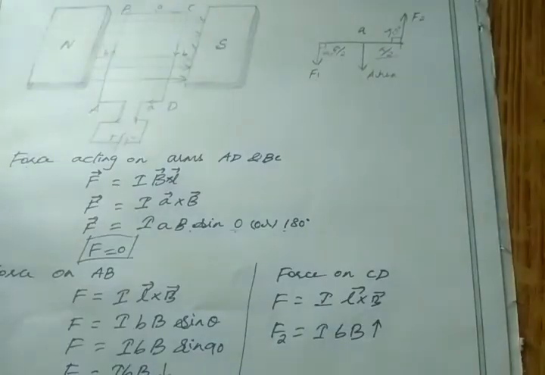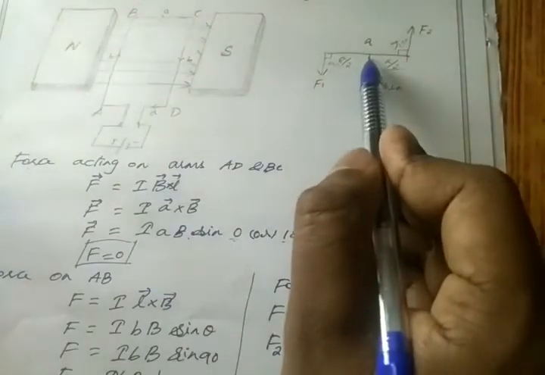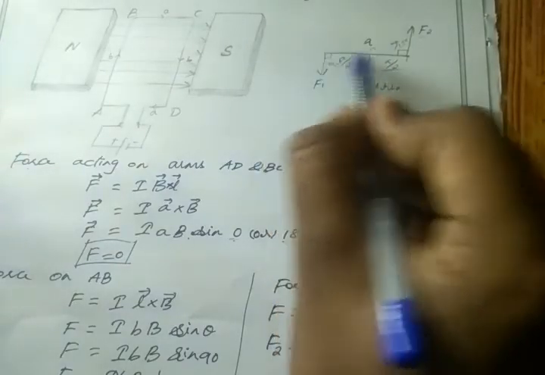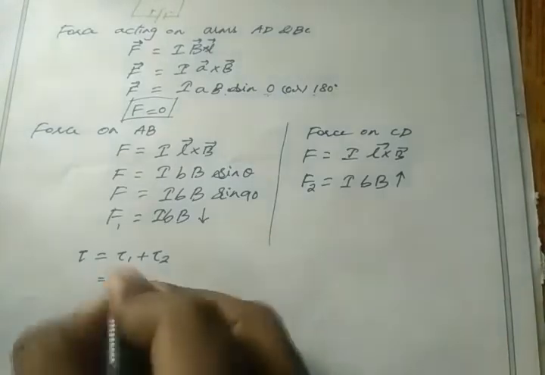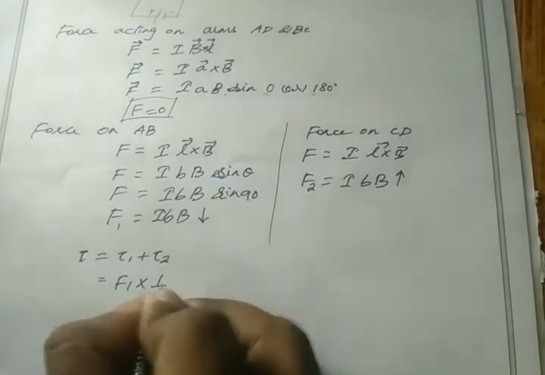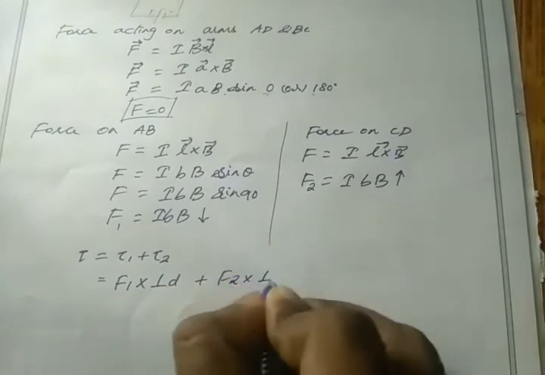So tau 1 equals force, that means F1 into A by 2, but this A by 2 is in the negative x-axis. If you take this as origin, A by 2 is in the negative x-axis and this A by 2 is in the positive x-axis. So force into perpendicular distance plus F2 into perpendicular distance.